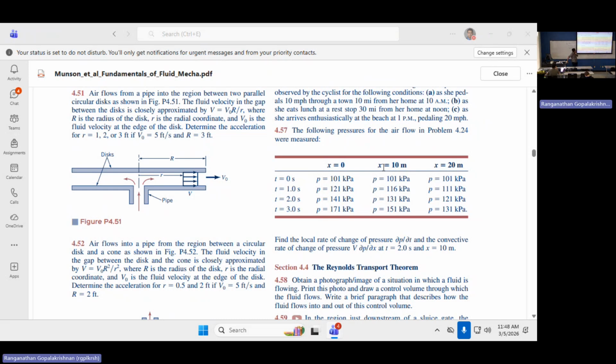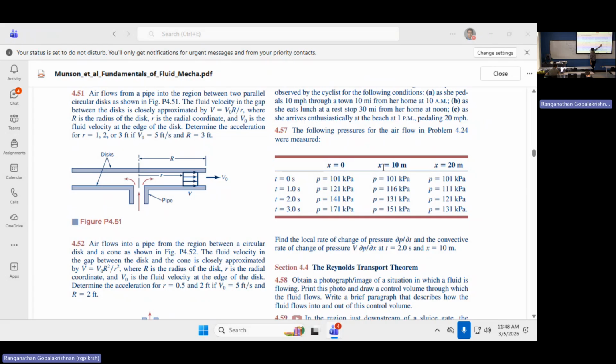You need to estimate two quantities: the rate of change of pressure with respect to time at 10 meters and 2 seconds. Without doing anything, can you tell me which two pressure values you will use?